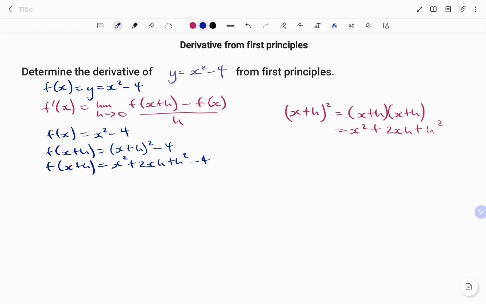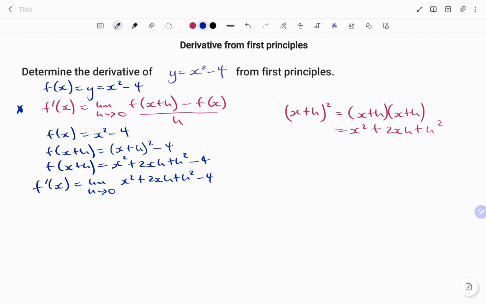So if I slot that back into the first principles equation, that will give us f prime of x equals limit h tends to 0, f of x plus h. Now I have x squared plus 2xh plus h squared minus 4 minus f of x.